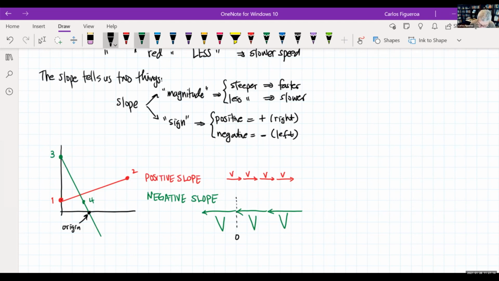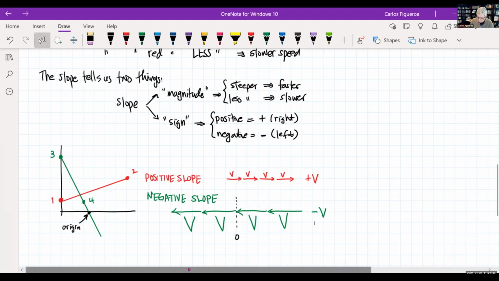It continues to move past the origin in this direction. So in this picture, we would write that this is a positive velocity, and in this case, we would write that this is a negative velocity. So you get two pieces of information from here.